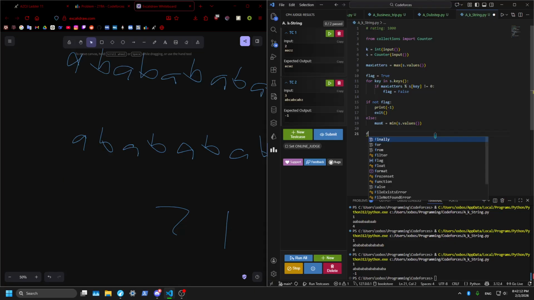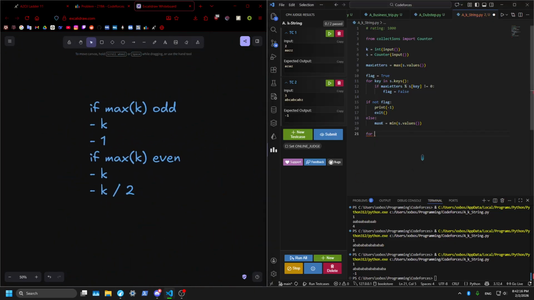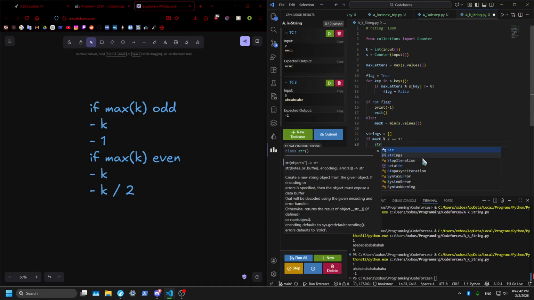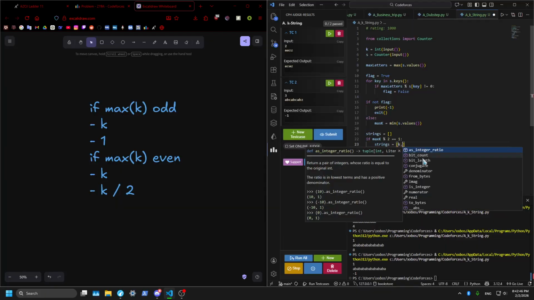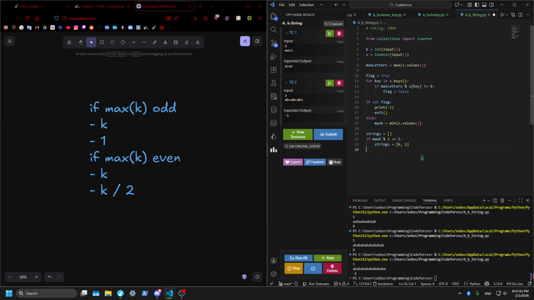Now that we have max k, if max k mod 2 is equal to 1, it equals k, 1, else for i. Okay, so there's 3 default cases.